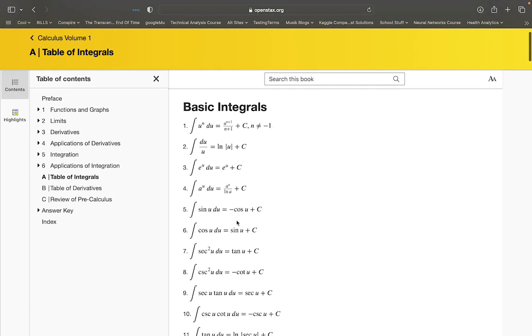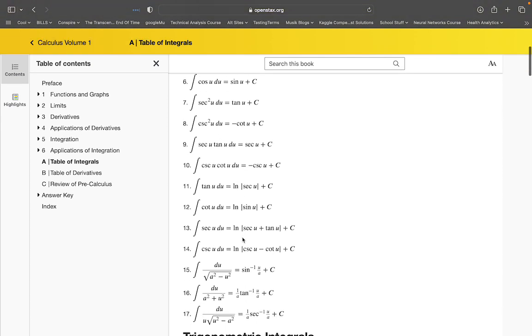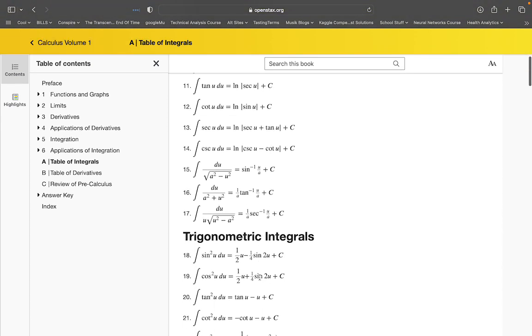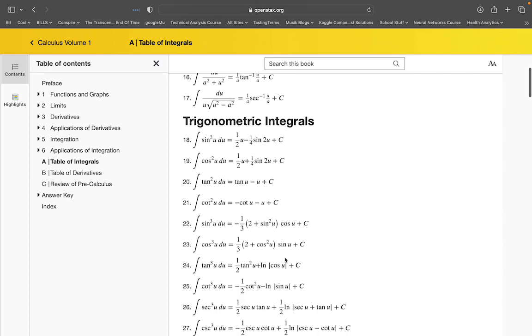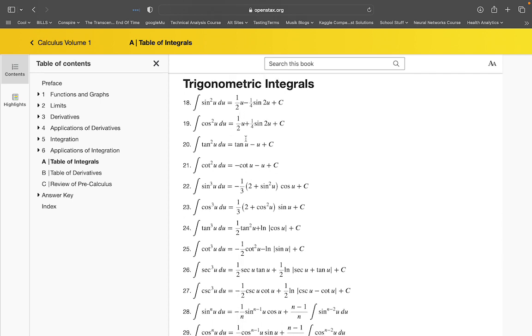Just glancing through here, you can see some of these are basic integrals that we've learned, especially this upper section. Here are some trigonometric integrals, things that we've seen in our trigonometric integration section a couple of sections back.